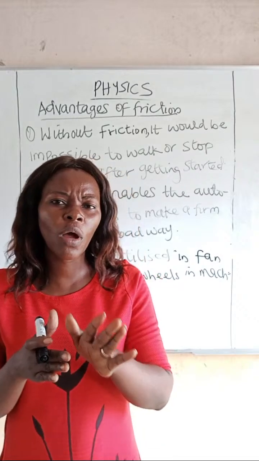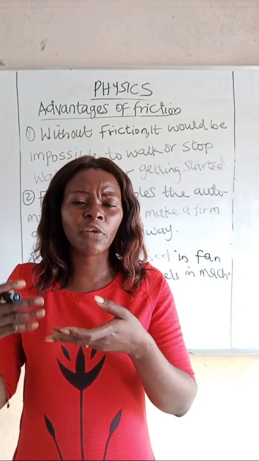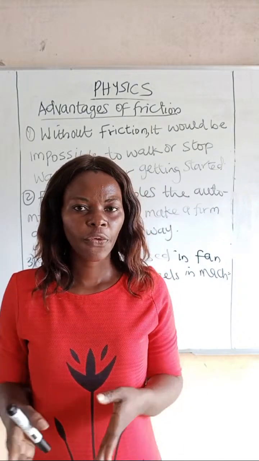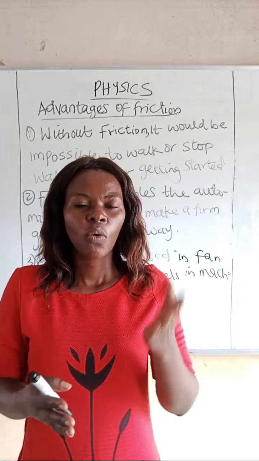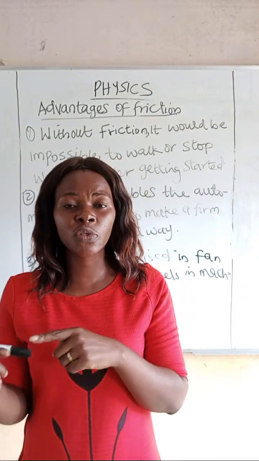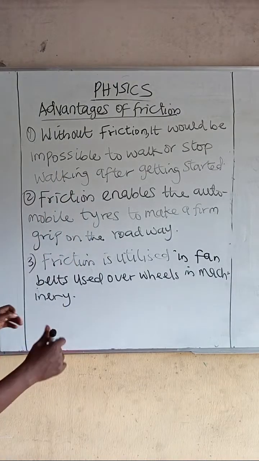So by the time you walk on it, even inside the mud, you see that it's very difficult for you to walk because the two surfaces are smooth. Okay, so for friction, one surface must be rough, and the other surface will be smooth, for it to take its effect.